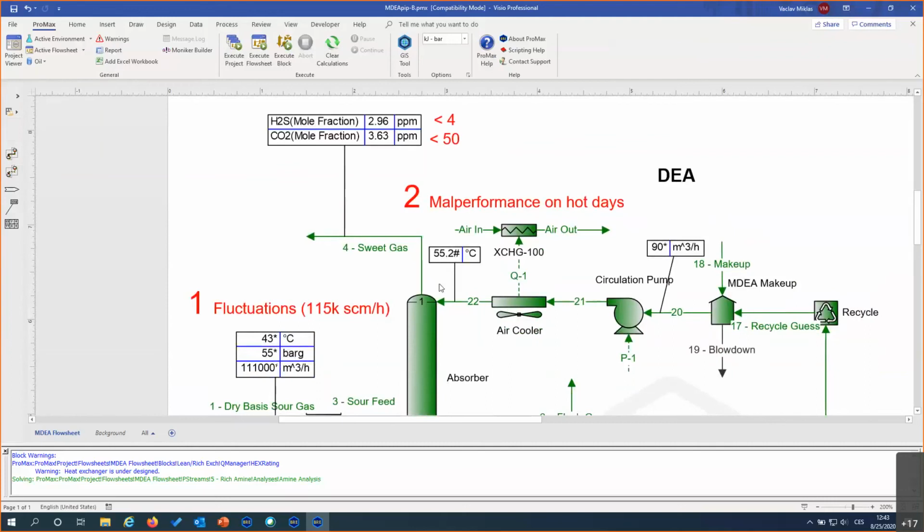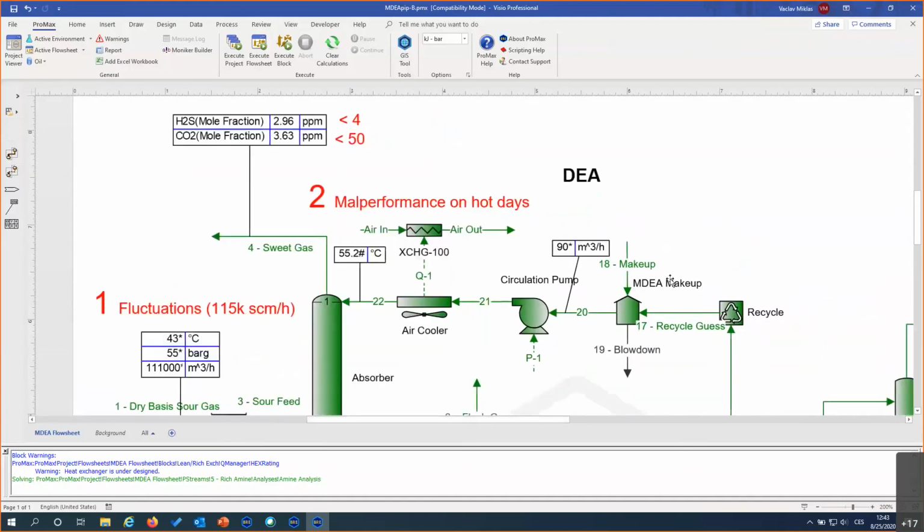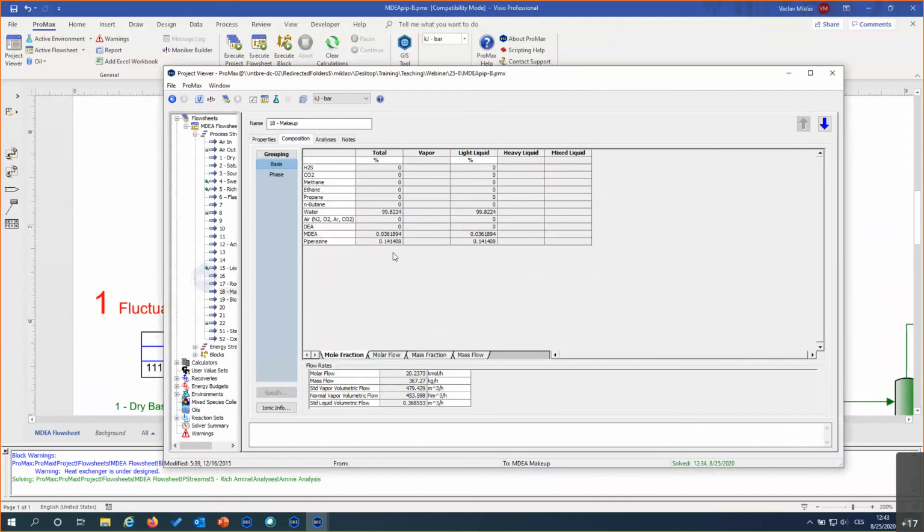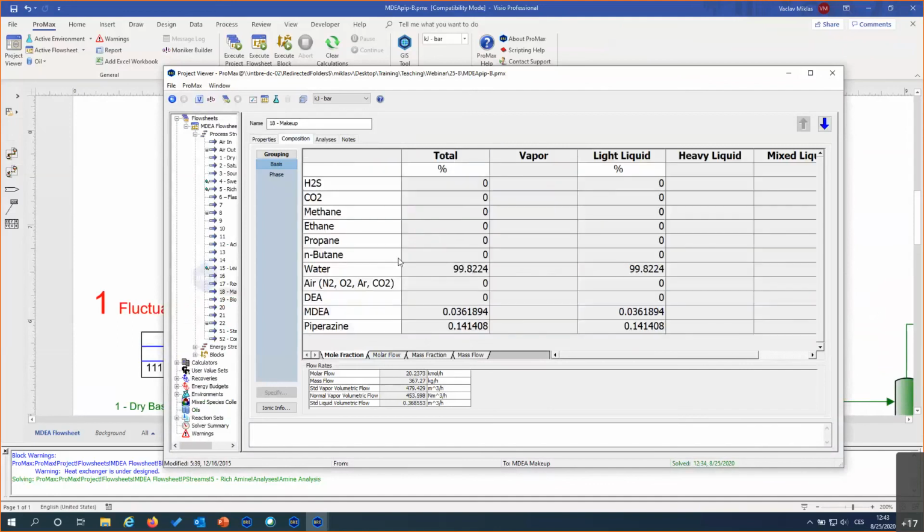And regarding the second scenario, the piperazine losses or consumption, if we take a look in this makeup stream, this is basically because we have a simulation at a steady state point. This is telling you how much of the amine you're losing in the acid gas and in the sweet gas.